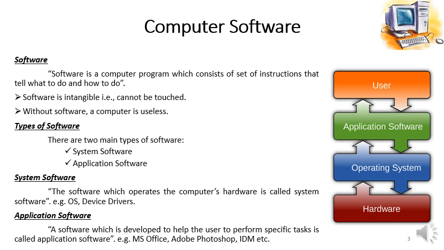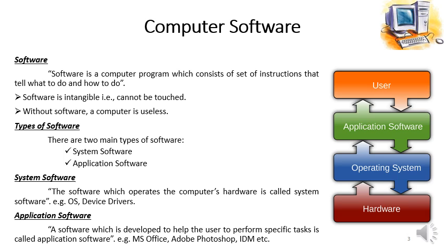We use Adobe Photoshop for editing images or producing graphics. IDM, Internet Download Manager, is also a very useful application software. So many application softwares are there, and they are used for specific purposes.